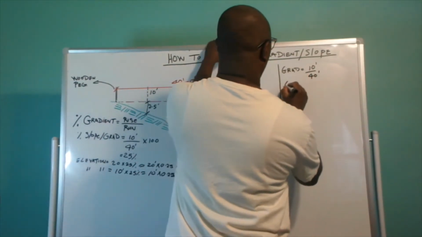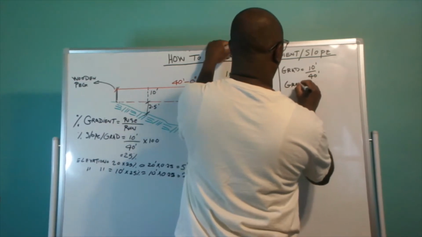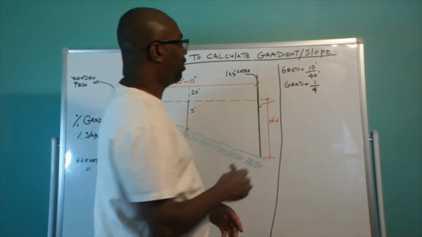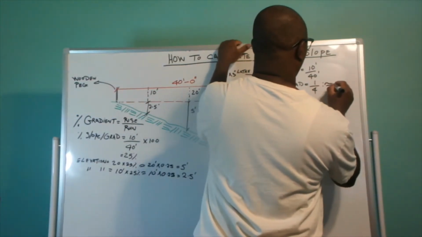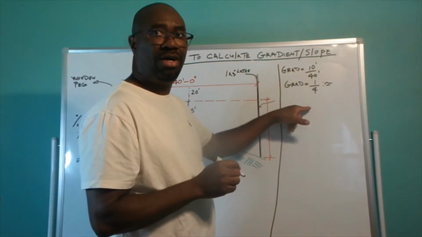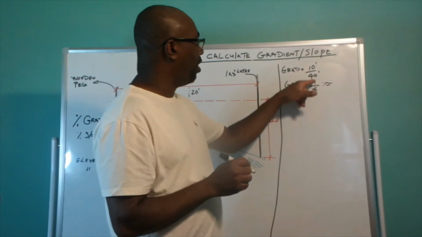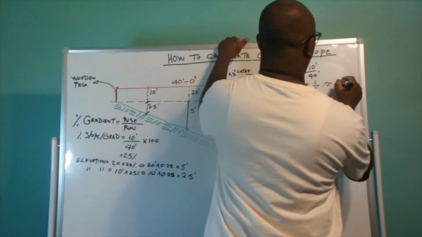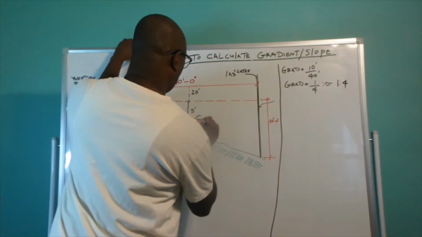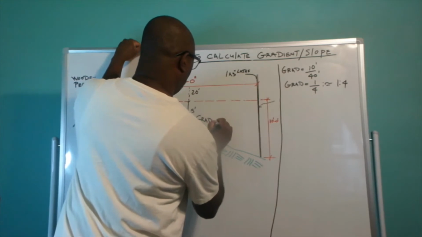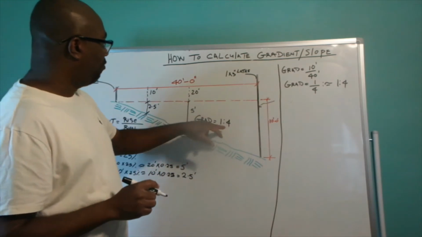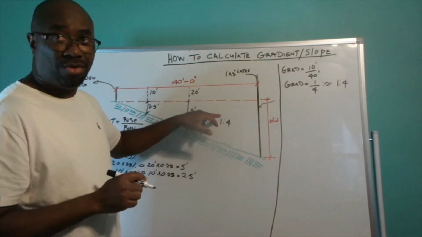So the gradient is really 1/4. So what this is saying is that for every 1 foot rise, there is a 4 feet run. Or every 4 feet run, there is a 1 foot rise. So this gradient is really a 1 in 4 gradient. So the slope of this land is equal to a 1 in 4. So that means every 4 feet there's a 1 foot rise.